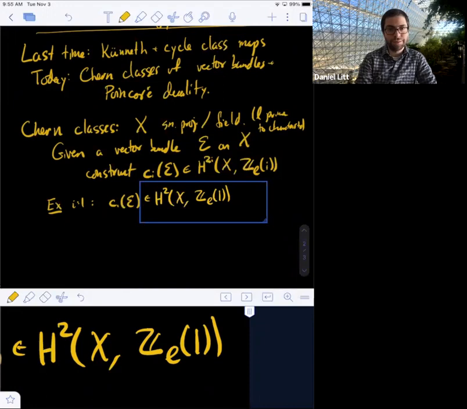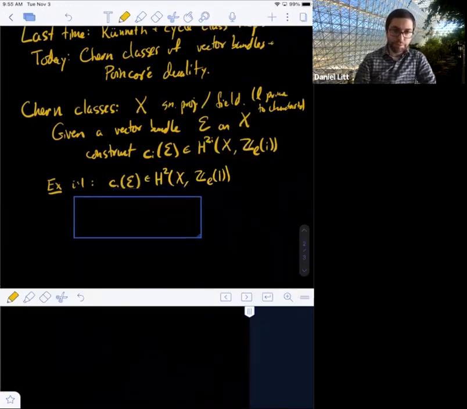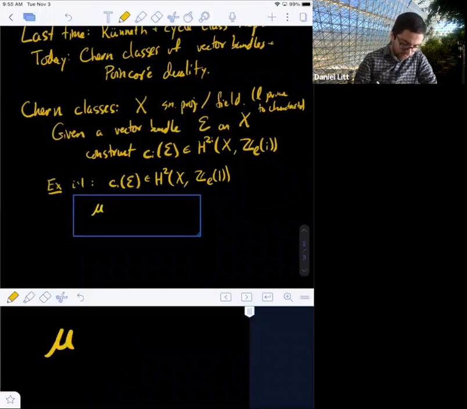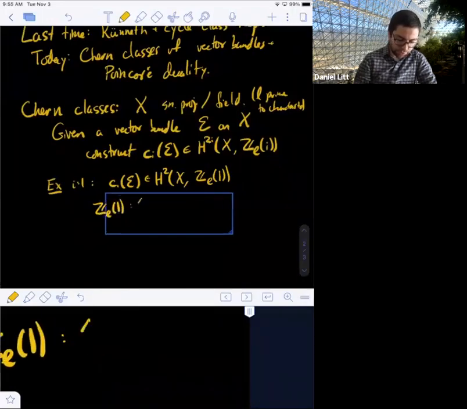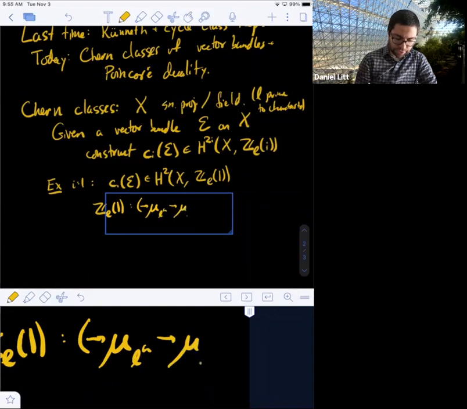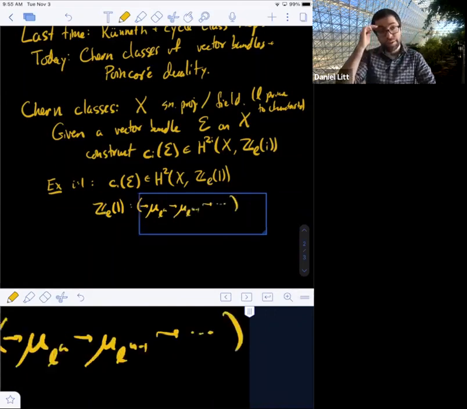Any thoughts? Well, let me just remind you. So Zl of 1 is the Zl sheaf corresponding to the diagram mu l to the n. So you can think of it as the inverse limit of mu l to the n's.